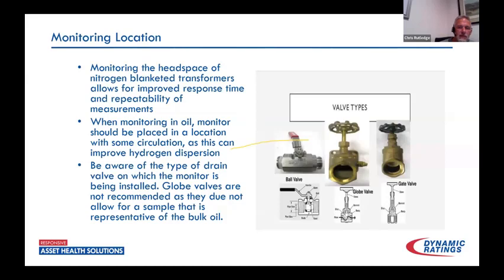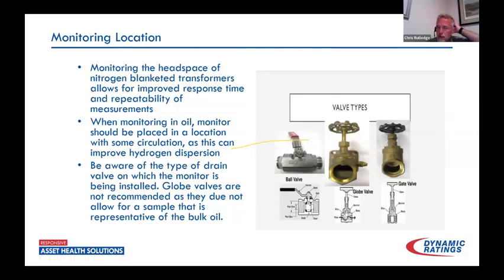Anybody that's ever taken an oil sample will tell you, you have to purge off a certain amount of oil before you take that reading. And I have been to several transformers where the first gallon that comes out would be pure water. So free water trapped in the drain valve.